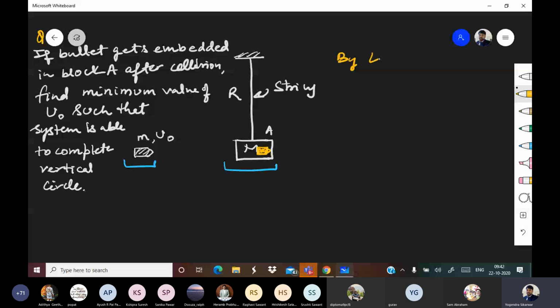We can write m u naught plus M into 0 is equal to (m plus M) into V common. And this V common comes out to be, we have done this question earlier, m u naught upon (m plus M). This is equation number 1.